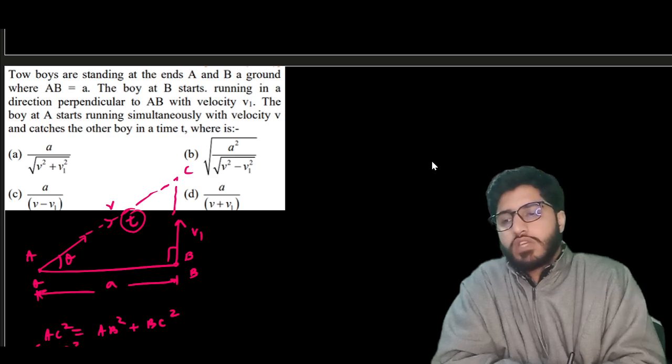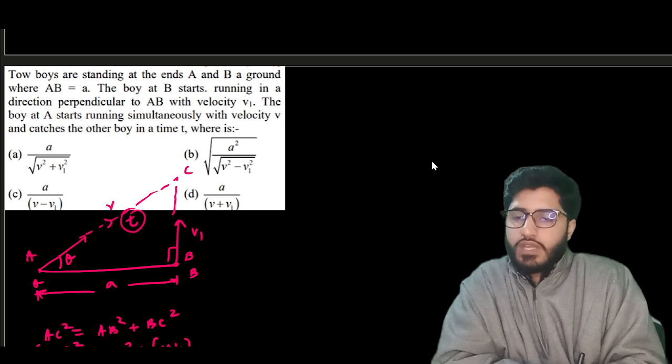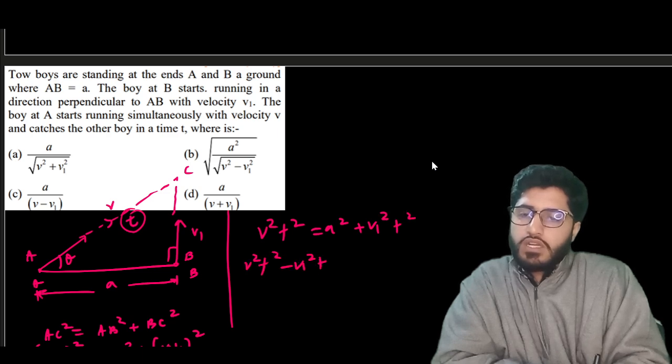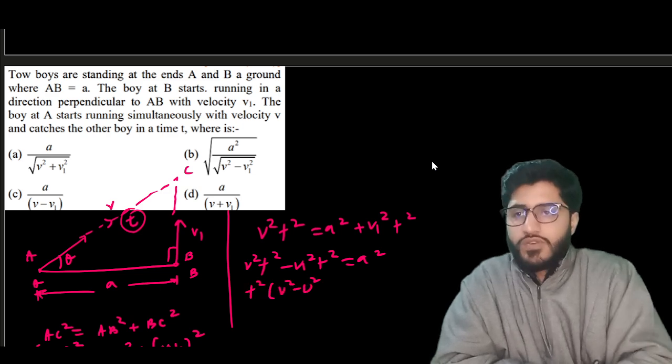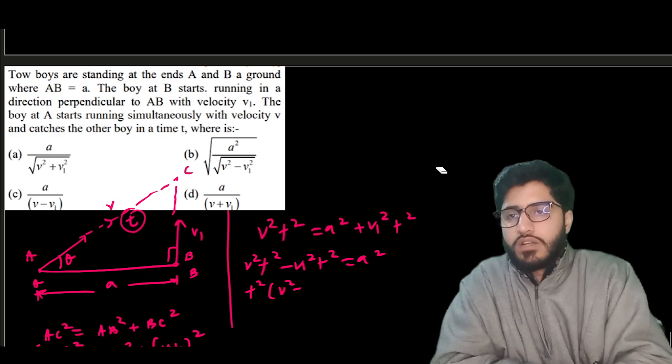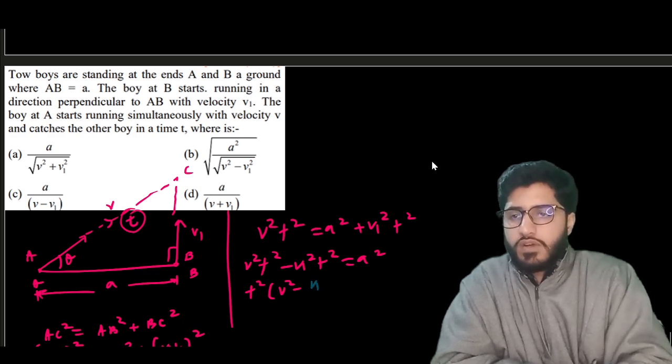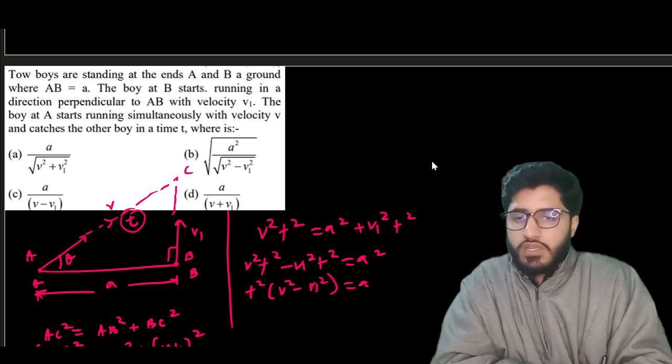I can write (vt) whole square equals AB, which is a square, plus BC, which is given to be (v1 t) square. So v square t square equals a square plus v1 square t square. v square t square minus v1 square t square equals a square. I will take t square common, so we have v square minus v1 square equals a square.